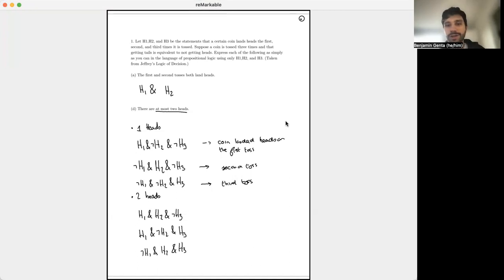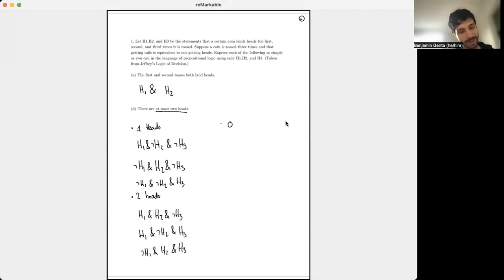Now, are we done, actually? You might note that there's one possibility that we didn't consider yet, which is that at most 2 heads includes 0 heads. So we have another case, which is 0 heads, and that's when it's all tails, right? So we have not H1, not H2, and not H3.